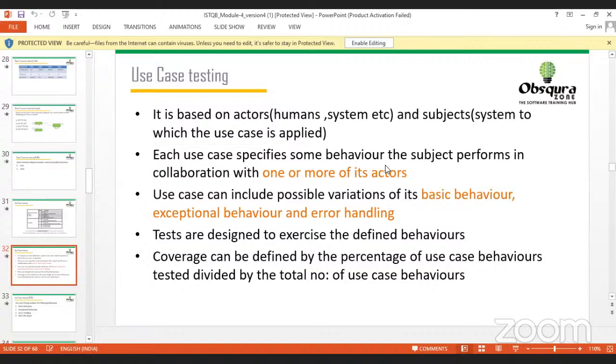So the behavior changes based on the actors. A use case can include possible variations of its basic behavior, exceptional behavior, and error handling. Tests are designed to exercise the defined behaviors. Coverage can be defined by the percentage of use case behavior tested divided by the total number of use case behaviors. That is similar to all those we have discussed, the coverage.